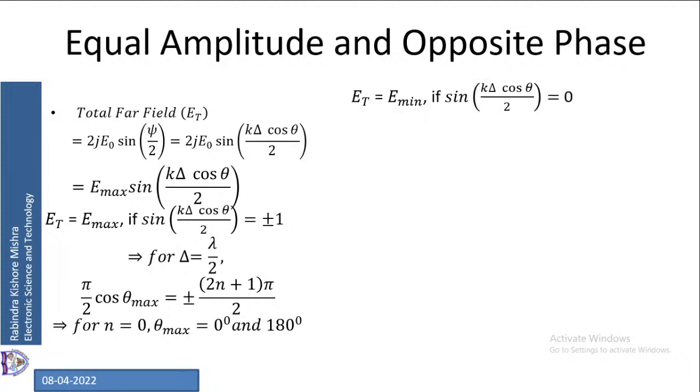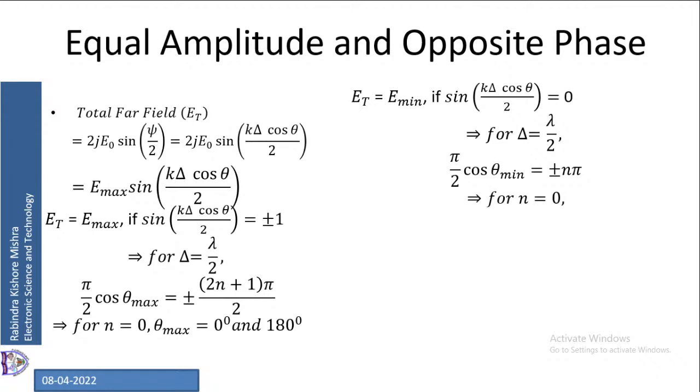Similarly, ET is equal to E min if sin k delta cos theta by 2 is equal to 0. If that is equal to 0, then as in the previous case, for delta equal to lambda by 2, or half wavelength separation, we will get pi by 2 cos theta min is equal to plus minus n pi. This is just opposite of the previous case.